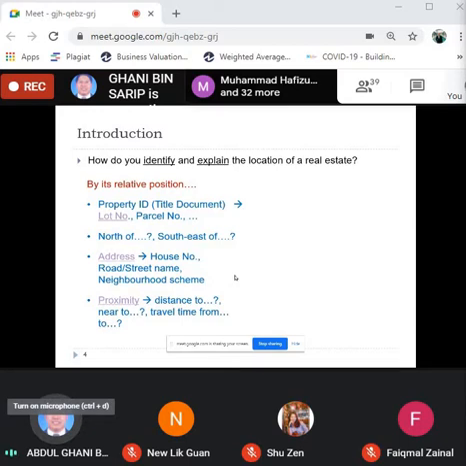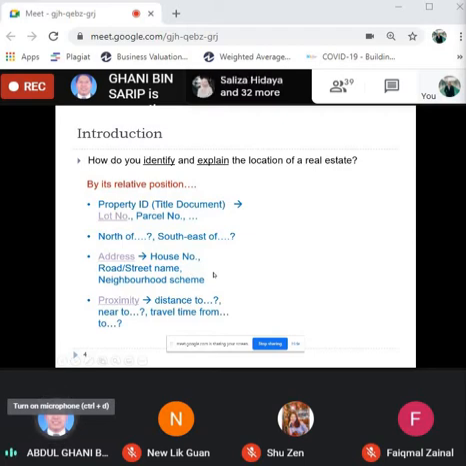So basically we look at the address, or sometimes only a landmark, a proper building. Let's say we're talking about Maybank Tower, Maybank Bangsa, for example. So it is easy to identify.